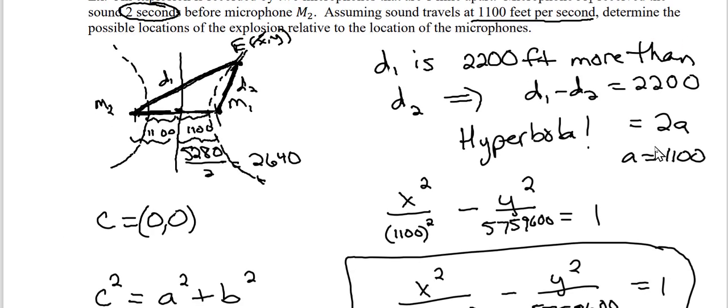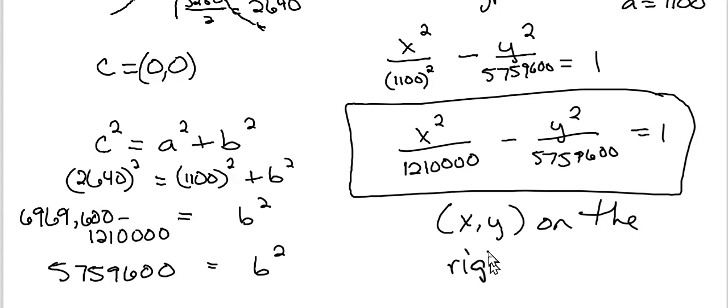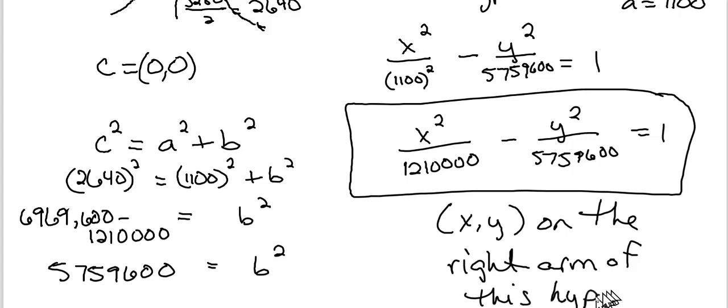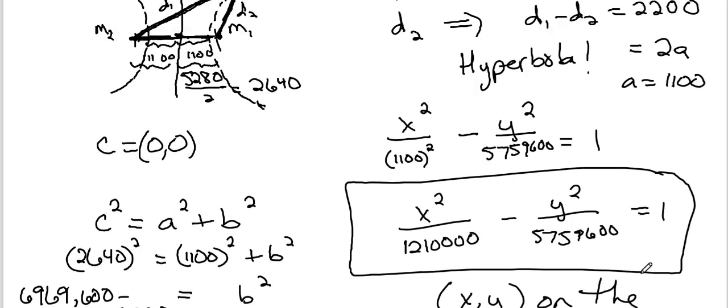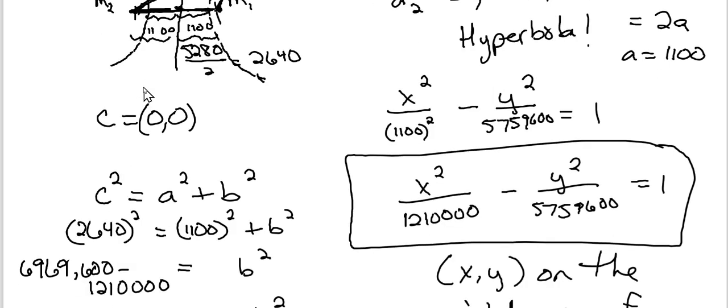Determine the possible locations of the explosion relative to the location of the mics. Yep, we did. It's at some ordered pair (x, y) on the right arm of this. It has to be on the one closer to mic 1, right? Because mic 1 heard it first. It has to be over here. It can't be on this part of the hyperbola over there.